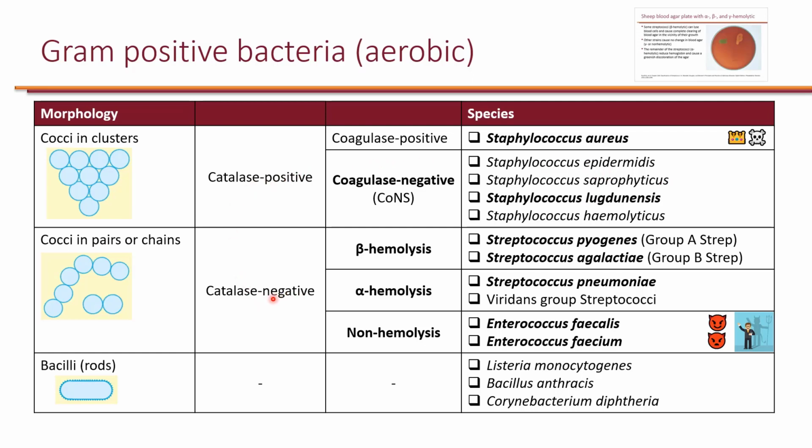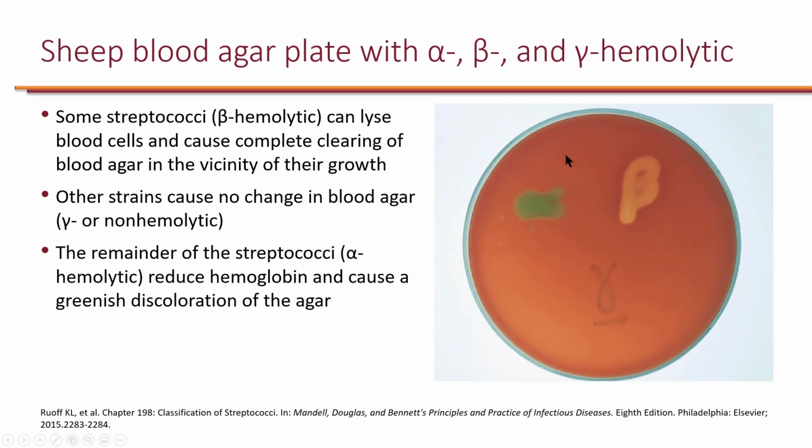And then for the catalase negative group, which do not look like a cluster, so they will be in chain or maybe pairs. Then we can do the hemolysis test. So what a hemolysis test would be is that essentially an agar is essentially a plate.